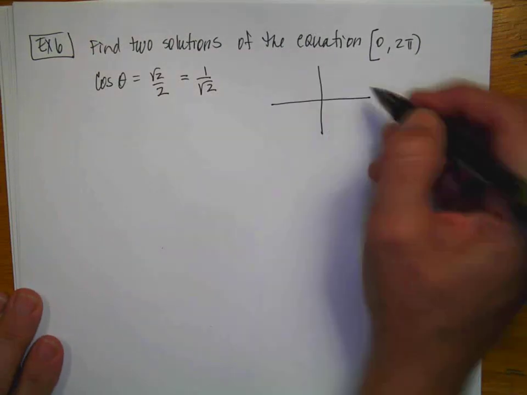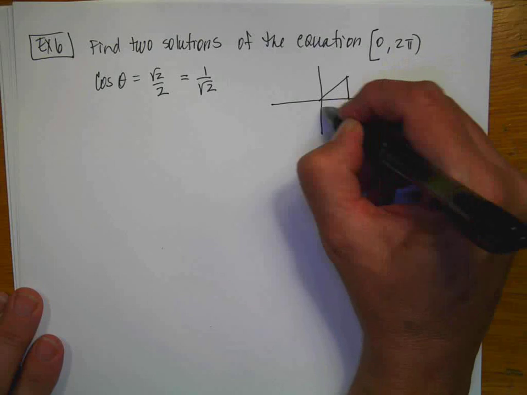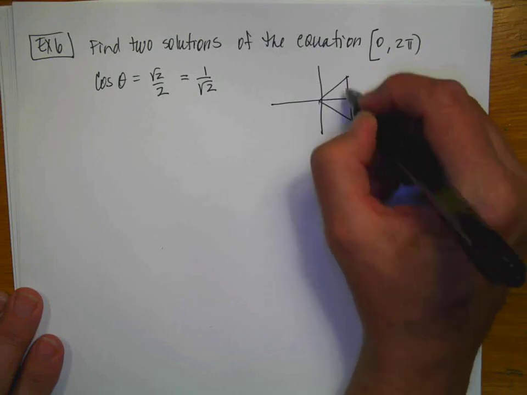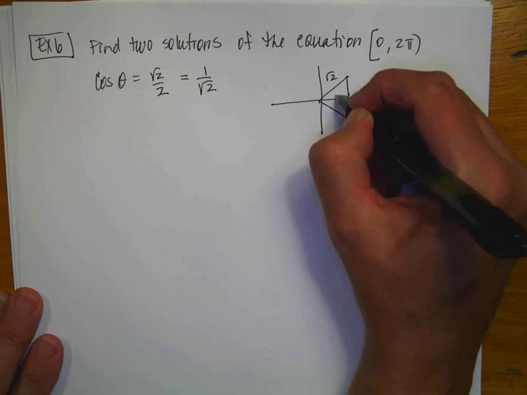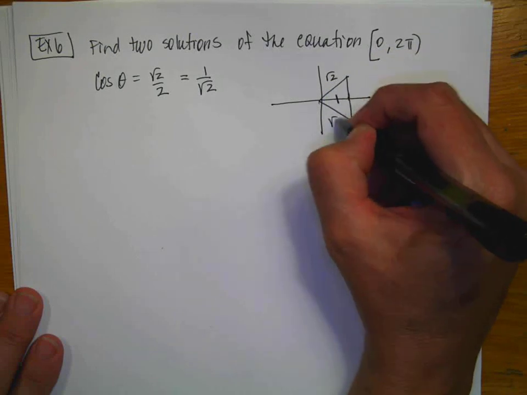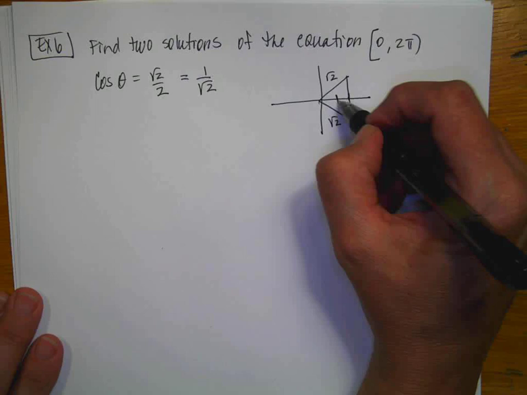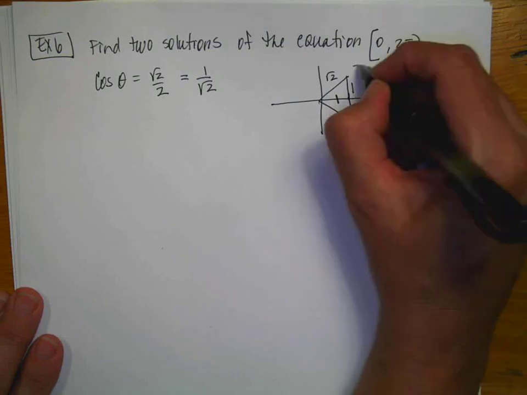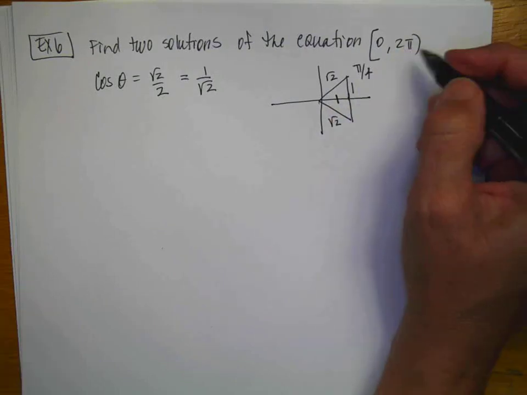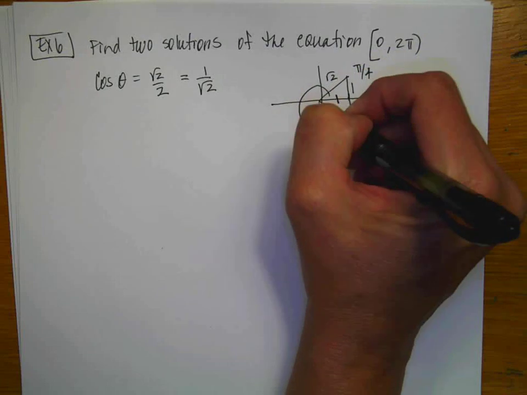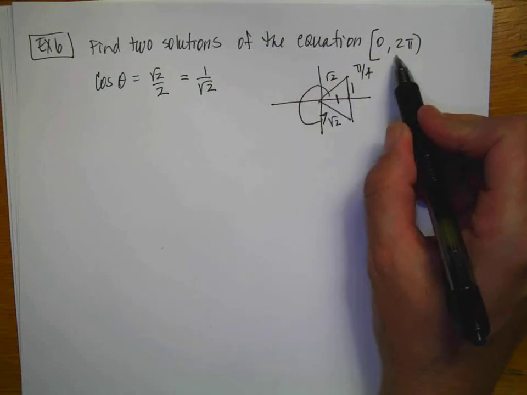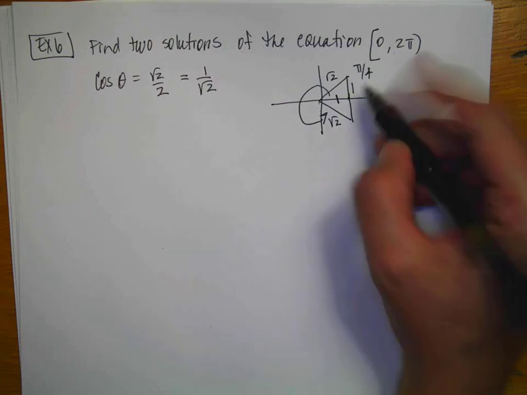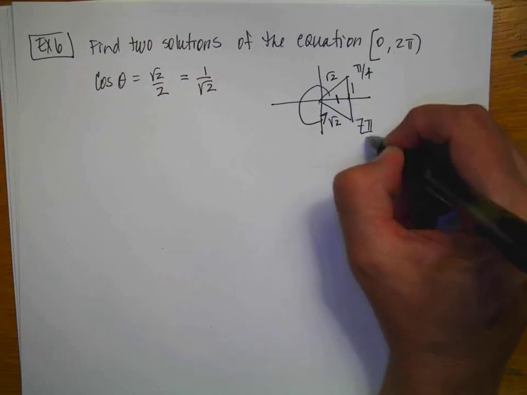And cosine is positive, so when I draw my triangle, cosine is positive here and here. So then this is 1, this is radical 2. It's the same 1, and then this is radical 2. Well, if this is 1, that means this is 1, so this angle is pi over 4. And then I take the positive rotation. I don't take the negative rotation because this is a positive rotation only.